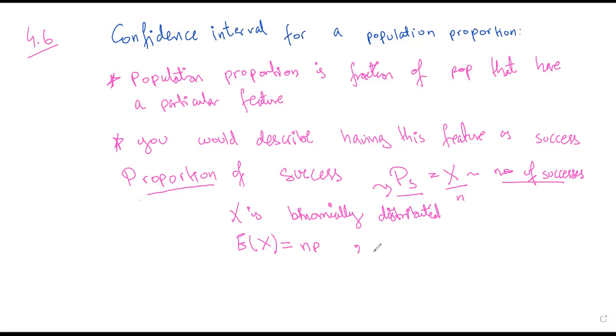Then the variance of x is npq, where q is 1 minus p. Excellent. Let me write down everything, then I'll explain.